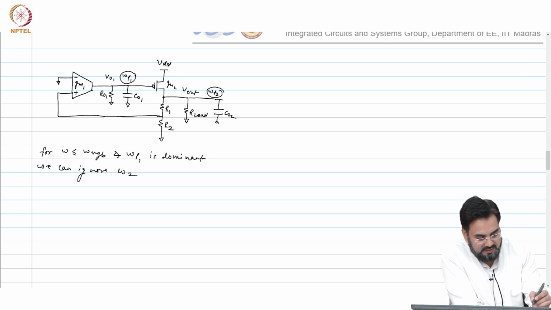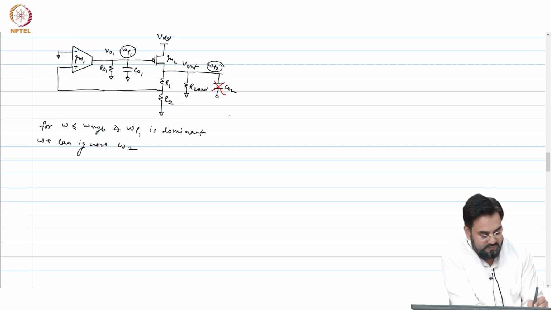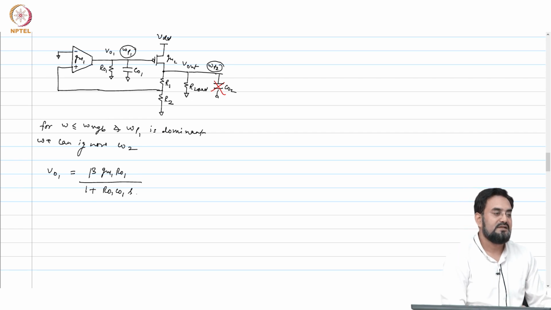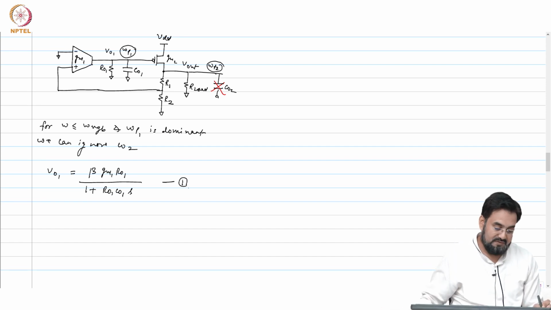Okay, so what I will do, I will just cut this. So, now what is VO1? Beta GM1 R01, and now you have a pole 1 plus R01 CO1 S, correct. So, that is the only modification you have.